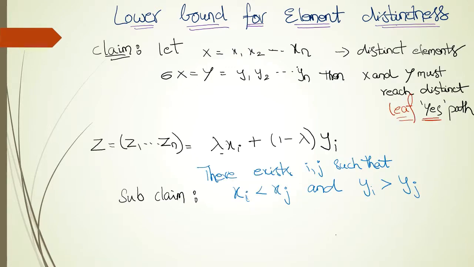So let us look at the claim. Let x be x1, x2, up to xn, which are distinct elements, and y a permutation of x, which is y1, y2 and so on.